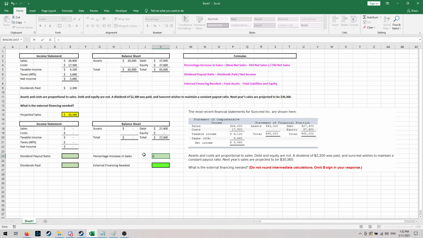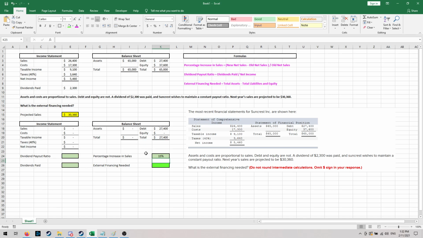Press equals, open a bracket, our new net sales minus our old net sales, close the bracket, divided by our old net sales, and press enter. That gives us 15%. So we think we're going to sell 15% more next year than we did this year.